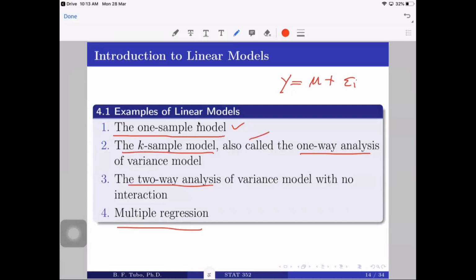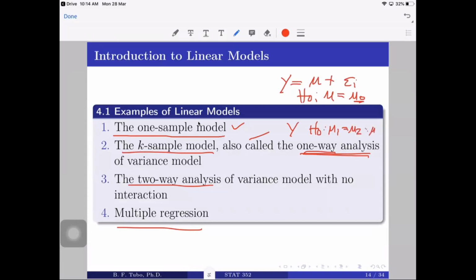For K sample, then you will have y, the one-way ANOVA. So this is equivalent to the test of hypothesis that you are testing that your mu is equal to a specified value. For one-way ANOVA, if you recall, we are testing different mu's there, no?